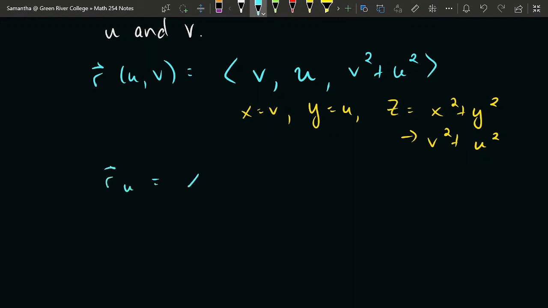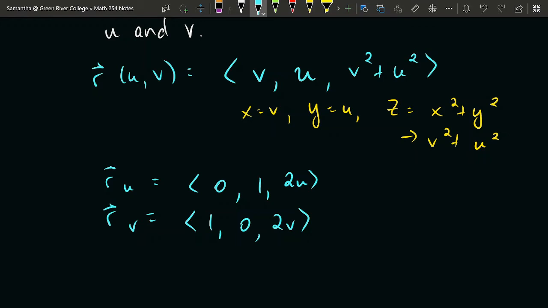If I calculate the partial derivative in the u direction, then I get 0, 1, 2u. If I calculate the partial derivative in the v direction, then I get 1, 0, 2v.